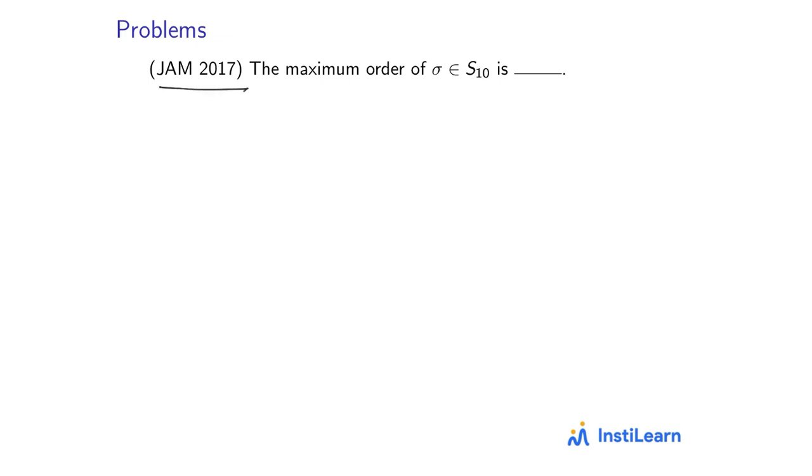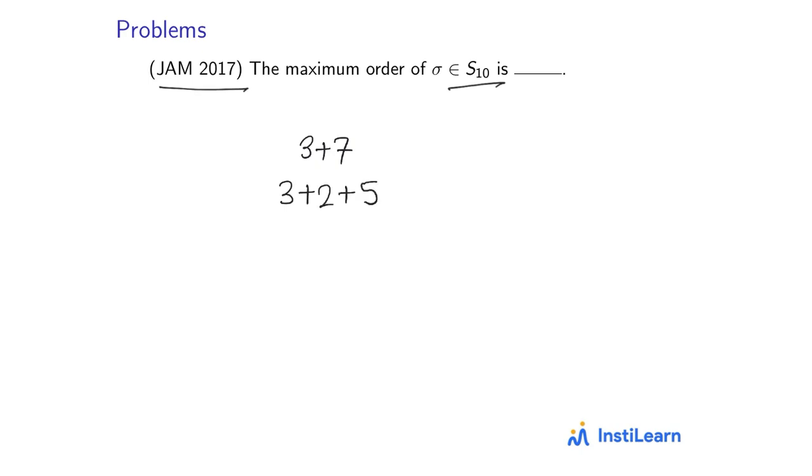What is the maximum order of sigma in S10? So let's look at some partitions of 10 which might give you maximal order. We are looking at partitions in which parts are relatively prime to each other. Some such parts you can see are, for example, 3 plus 7 or 3 plus 2 plus 5.